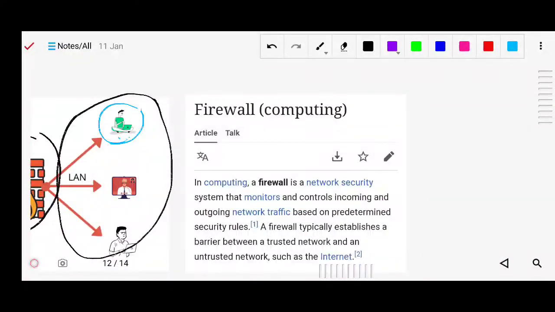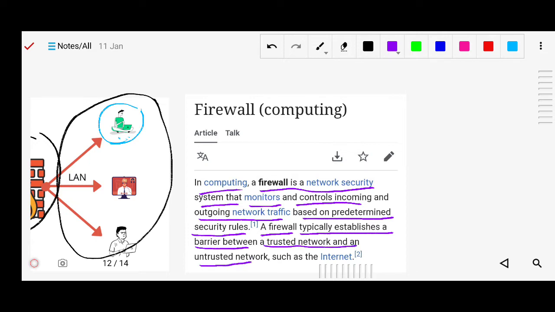In computing, a firewall is a network security system that monitors and controls incoming and outgoing traffic based on predetermined security rules. A firewall typically establishes a barrier between a trusted network and an untrusted network, such as the internet.